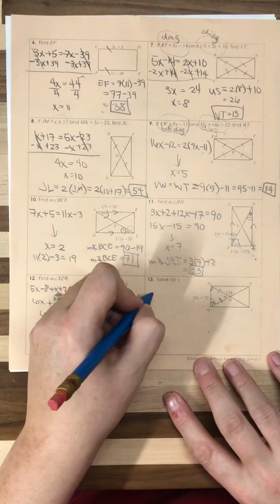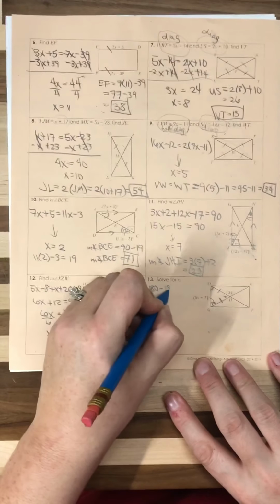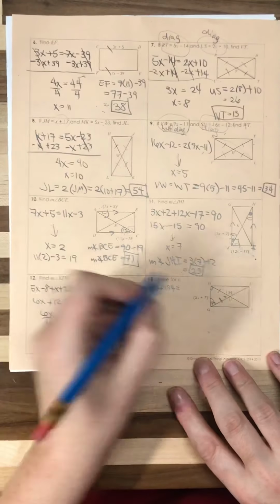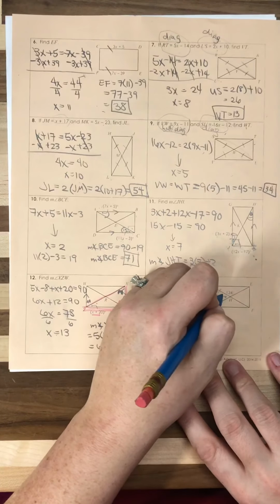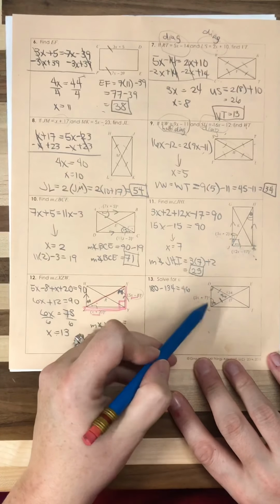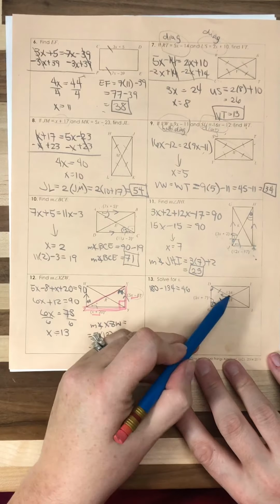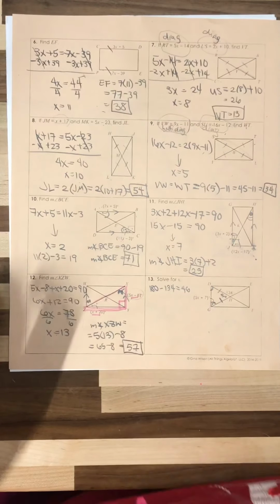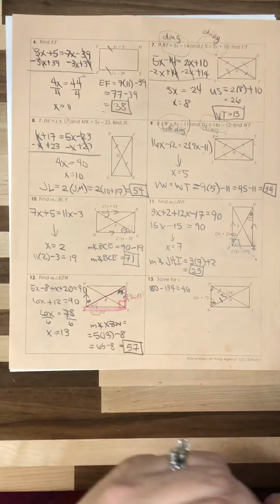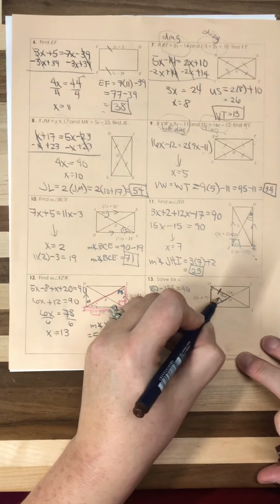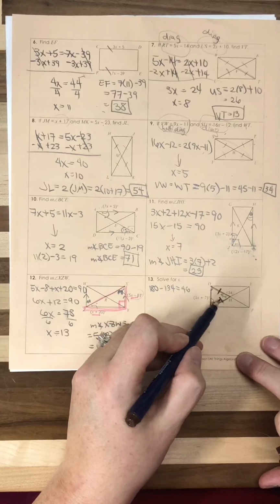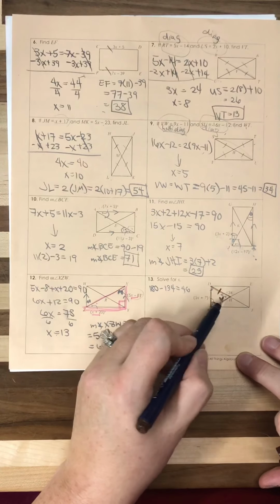First of all, 180 minus 134 is 46. So if this is 46, and these two are congruent base angles since it's an isosceles triangle, let me draw. We know that these two sides are congruent because the diagonals bisect each other.